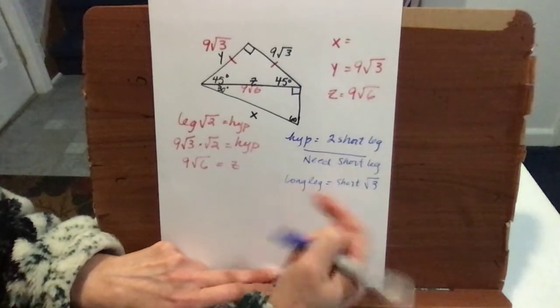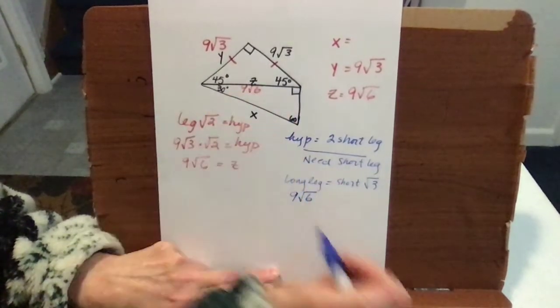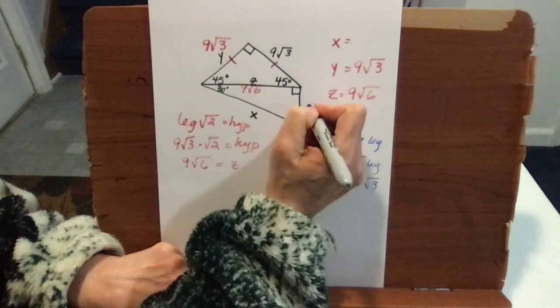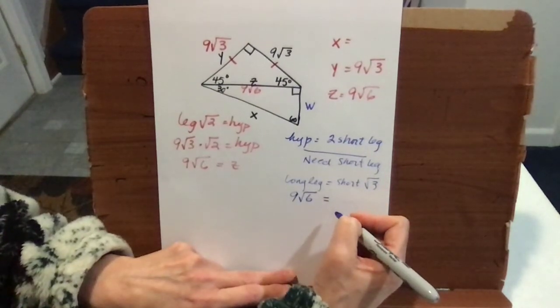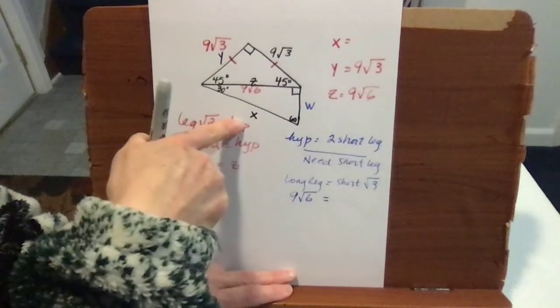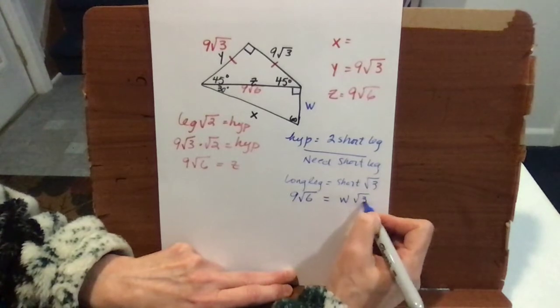Well, we know our long leg is 9 root 6, because that's opposite our 60-degree angle. We don't know our short leg. I'm going to call it W, just so I have a variable for it. I need it to find one of those answers, so I'm going to call it W, and then times root 3.